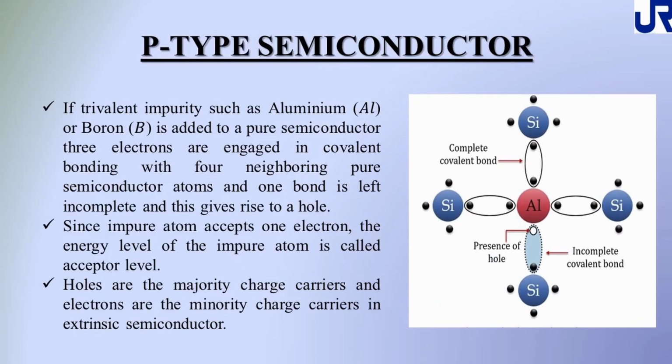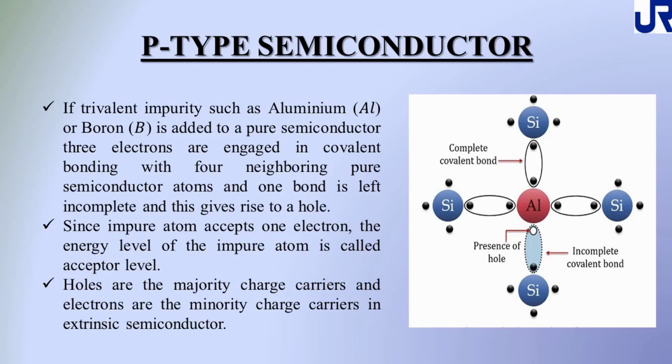Again, in p-type semiconductors, the trivalent impurity is added to the silicon or pure semiconductor. Trivalent means the valence shell contains 3 electrons, such as aluminium. Aluminium's atomic number is 13, so 2, 8, 3: a trivalent impurity with 3 electrons in the valence shell.